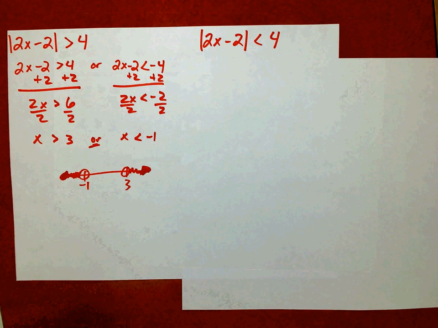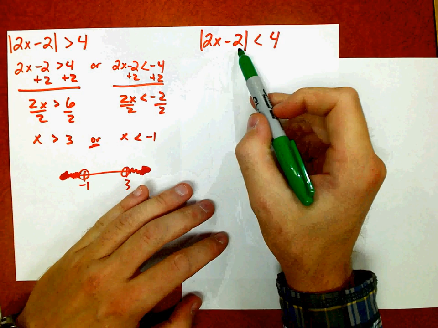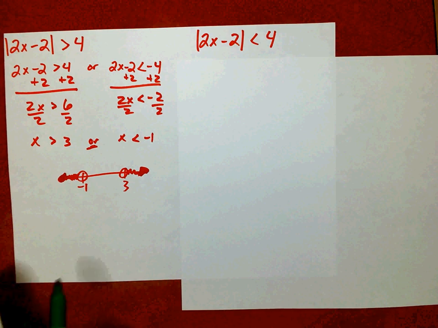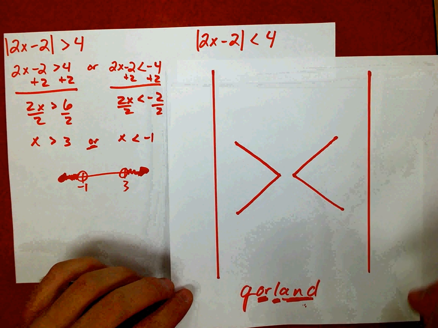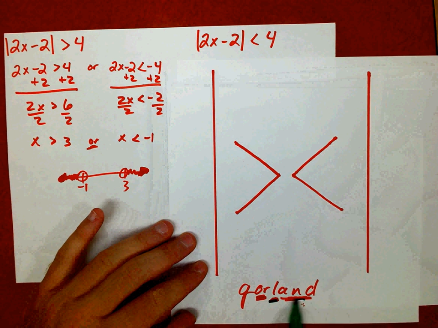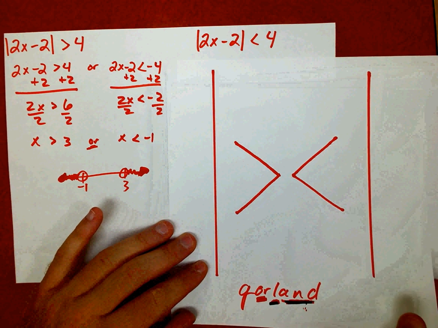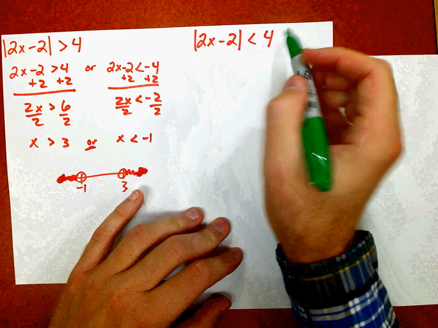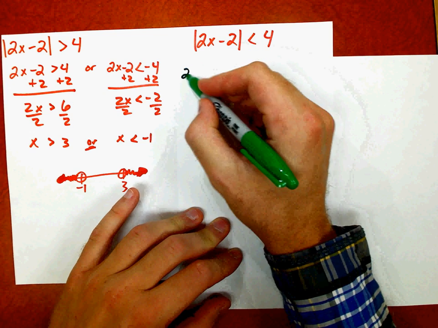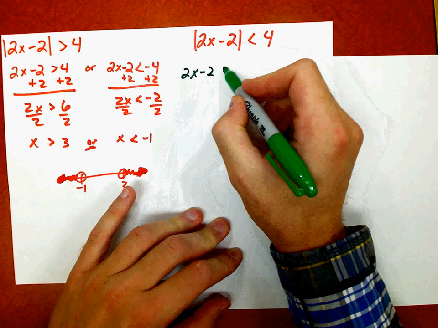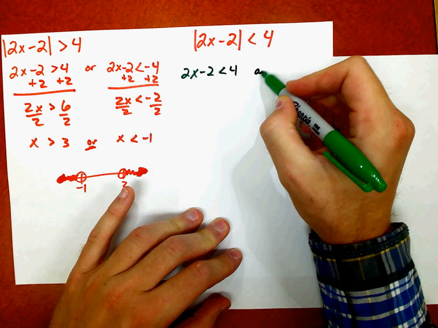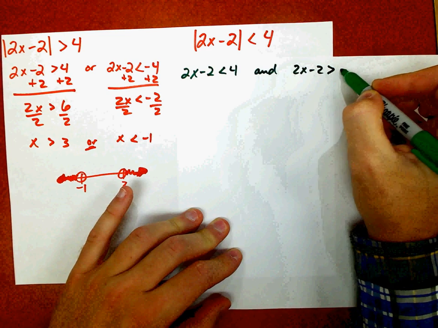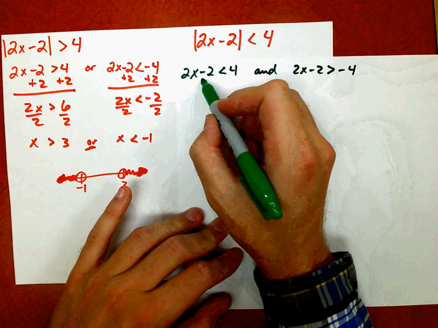But now when I come over here to this other example, where the absolute value of 2x minus 2 is less than 4, again, if I return to the gates of Gorland, I know that because it is less than, I want to set up an "and" compound inequality. So my two inequalities will be 2x minus 2 is less than 4 and 2x minus 2 is greater than negative 4.